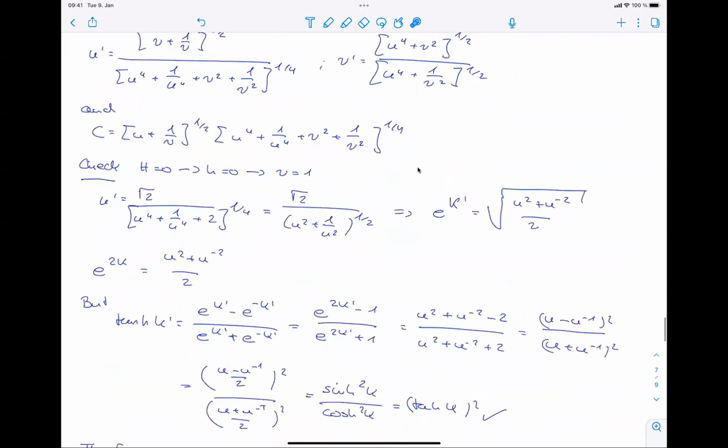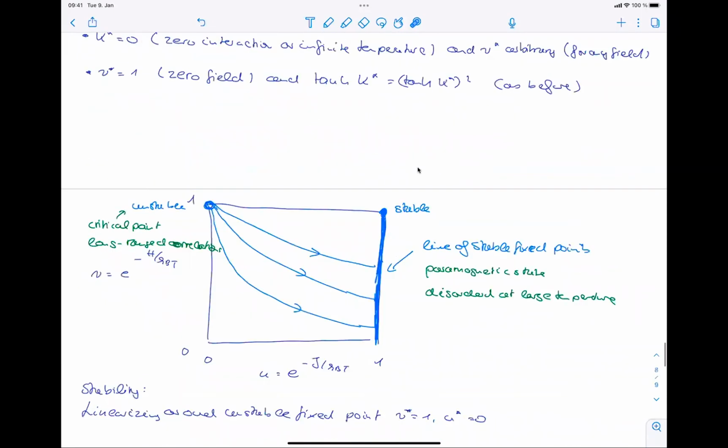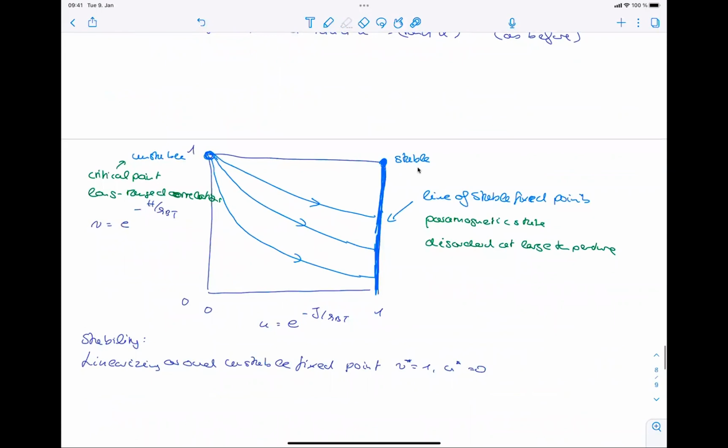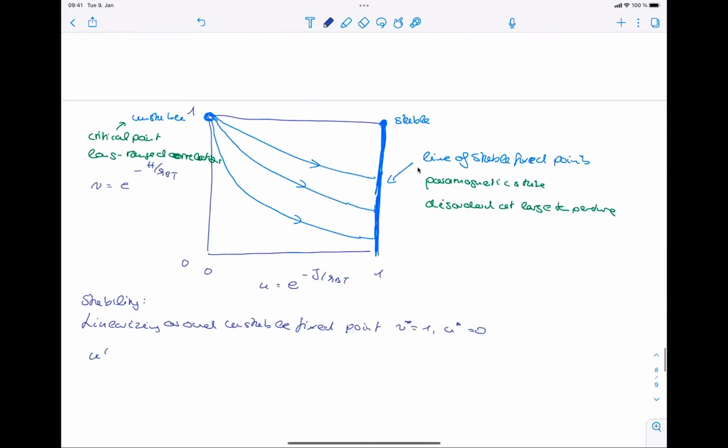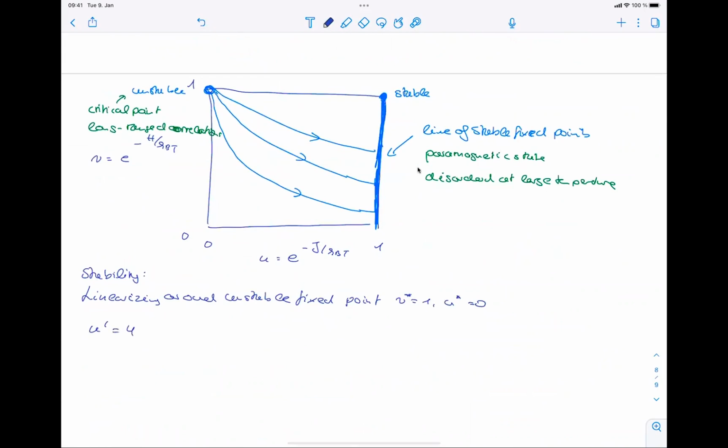So in this case around v equal 1 and u equal 1. And so if you do this, you find u prime is equal to 4u plus higher order terms, v prime minus 1 is equal to v prime minus v star is 2v minus v star.